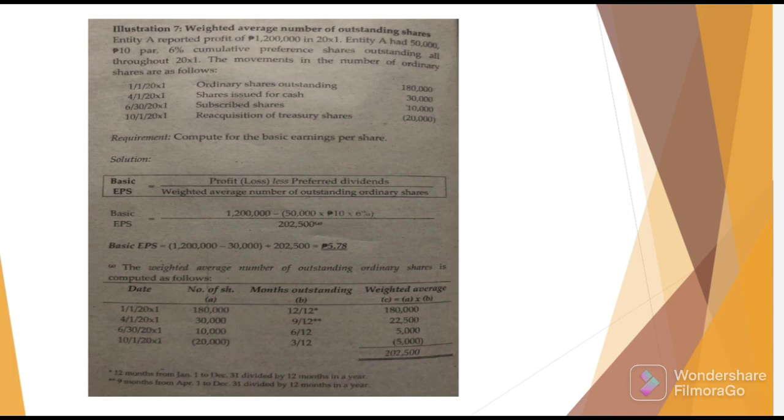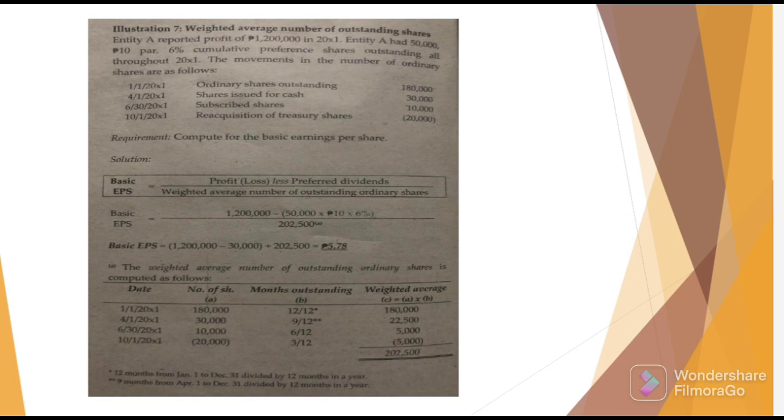So, may value na tayo. Balik ulit tayo sa formula. Profit or loss less preferred dividends, 1.2 million minus 30,000, yung nakuha natin, i-divide sa weighted average ng outstanding ordinary share na 202,500.